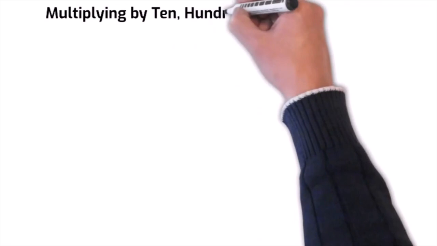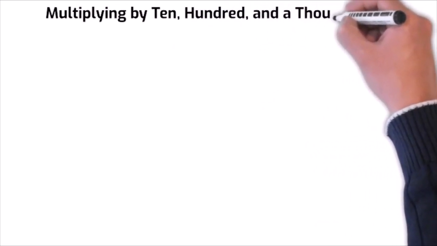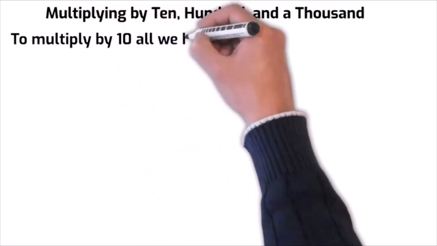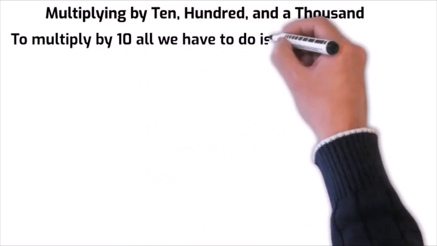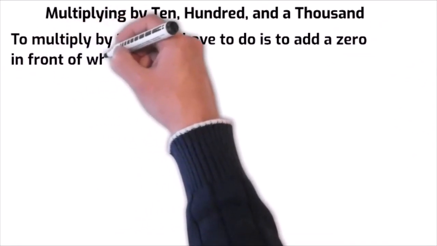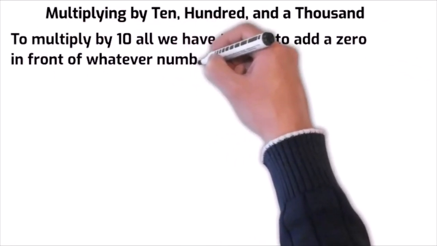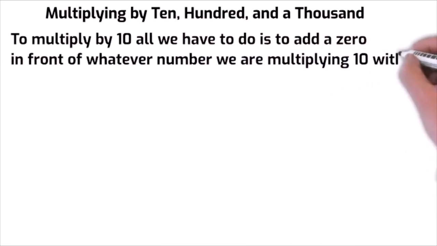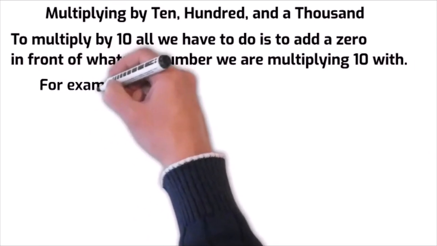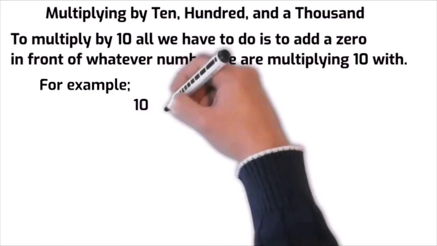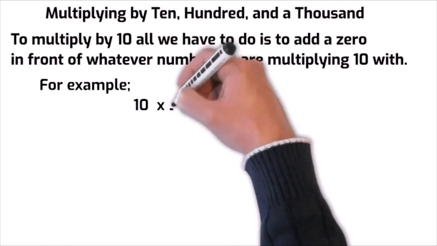Finally, let us look at multiplying by 10, 100, and 1,000. To multiply by 10, all we need to do is to add a 0 to whatever number we are multiplying 10 with. For example, 10 times 5.